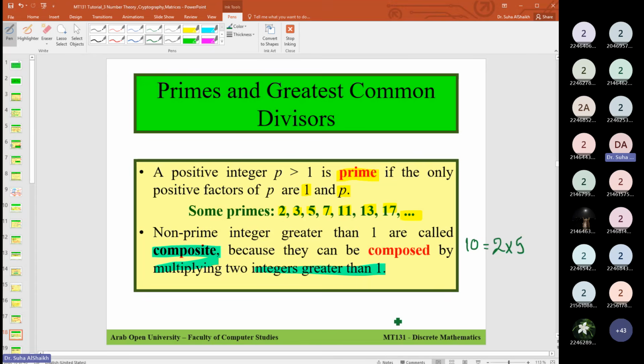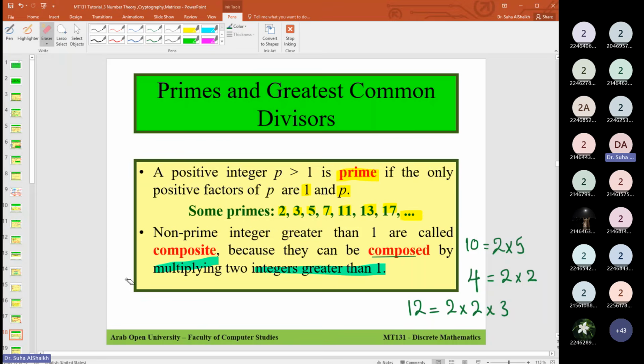Now the number 4 is composite because it's a multiplication of 2 and 2. The 12 is composite because it's the multiplication of 2 and 2 and 3. Okay? So whenever the number is a multiplication of two or more numbers that are greater than 1, in this case we say the number is composite.